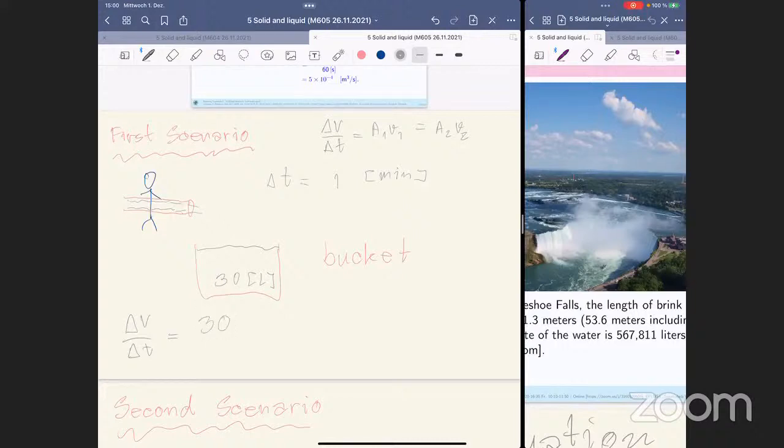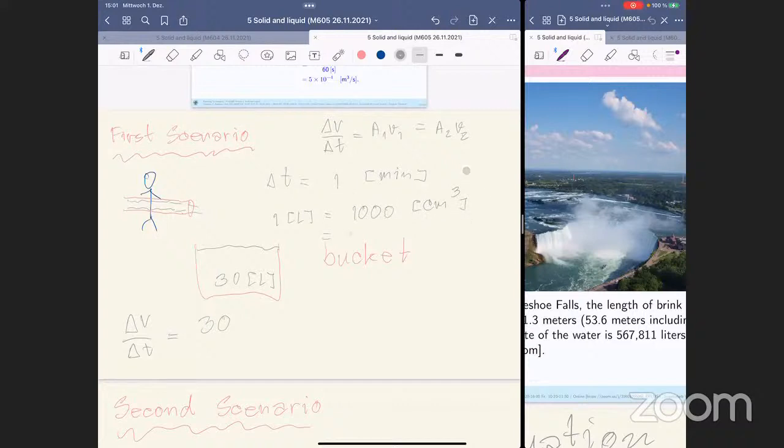What is that in cubic meter? 1 liter equals 10⁻³ cubic meter.